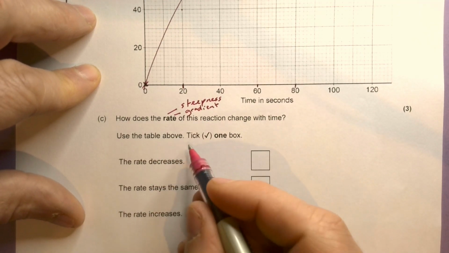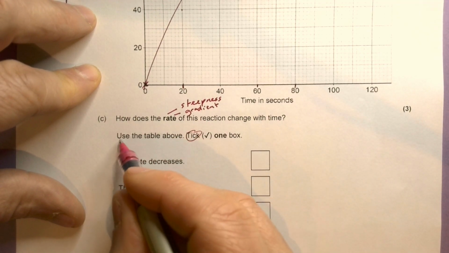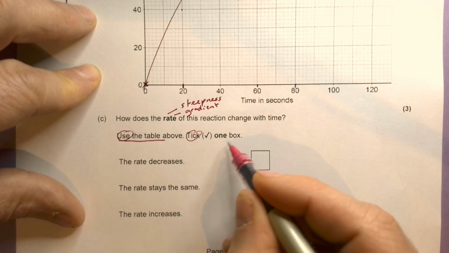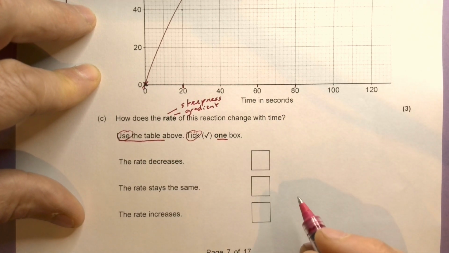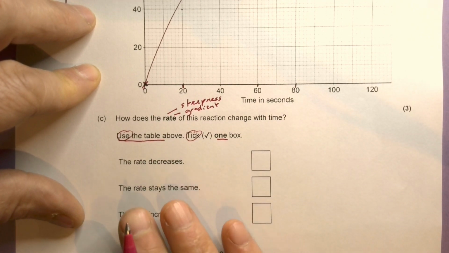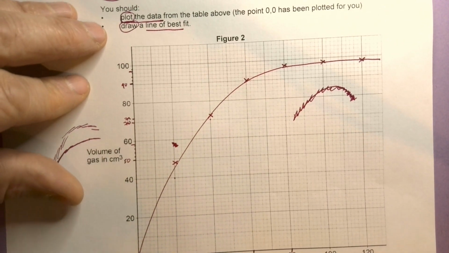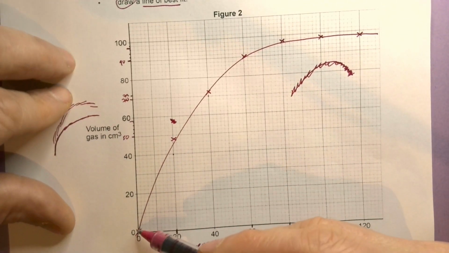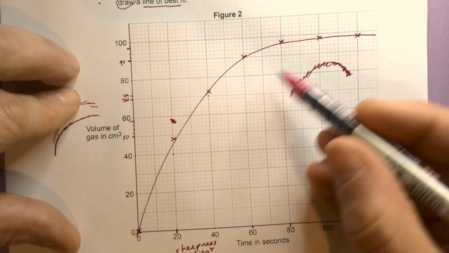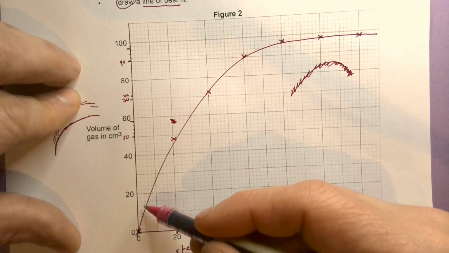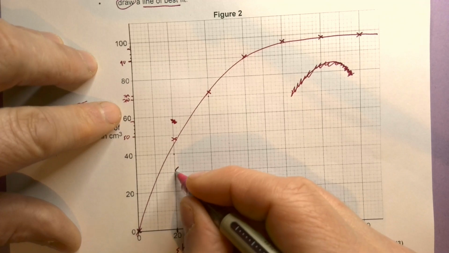Use the table above, and we're going to tick one box. Okay, so what happens to the steepness? The table bizarrely doesn't help that much. The easiest way to see it is on here. So the rate is definitely decreasing. The steepness is decreasing.